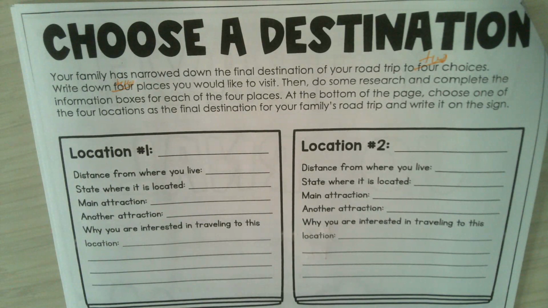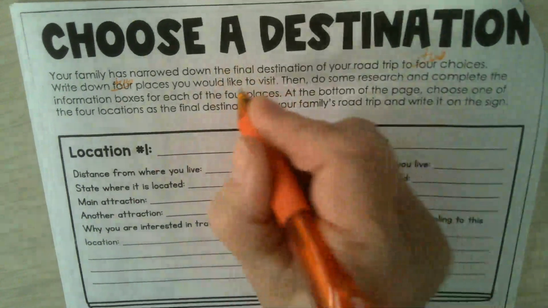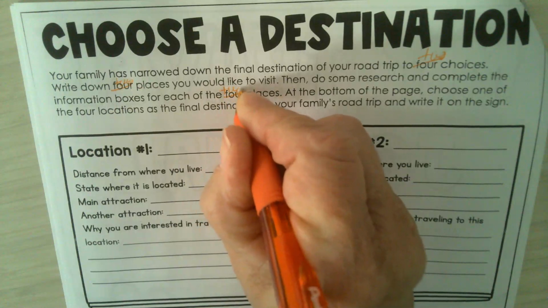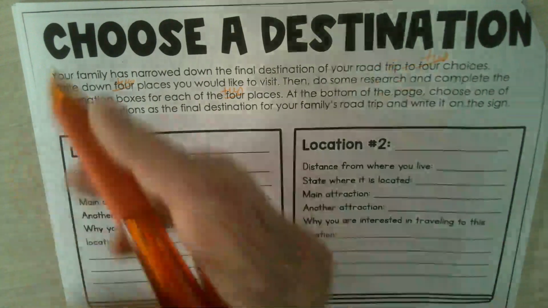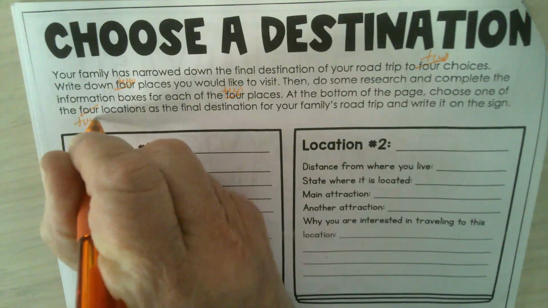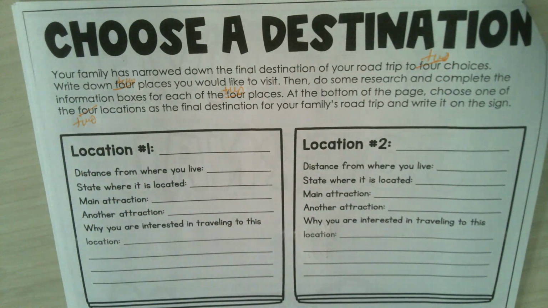Then do some research and complete the information boxes for each of the 2. We're not doing 4 places. That would take way too long. At the bottom of the page, choose one of the 2 locations as the final destination of your family's road trip and write it on the sign.